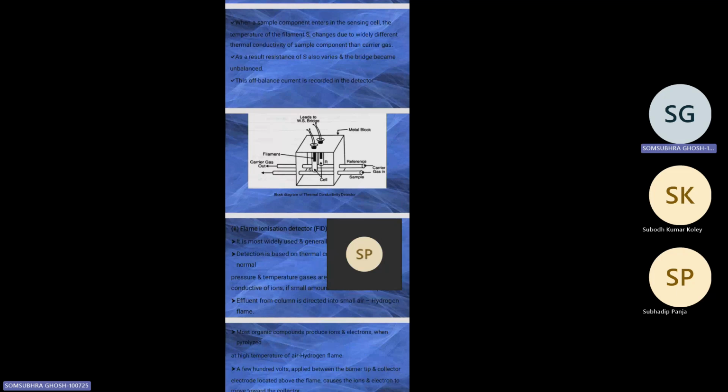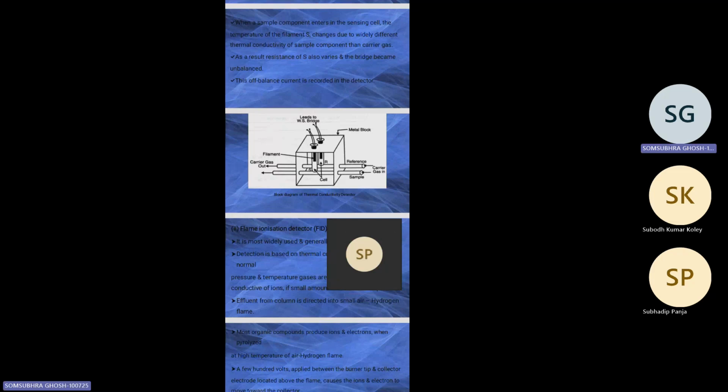But when the sample passes with the carrier gas, the component will be changed. The thermal conductivity of that carrier gas plus sample will be changed. So there will be a change in the resistance in the Wheatstone bridge. By the change of the resistance, there will be a current flow in the galvanometer.